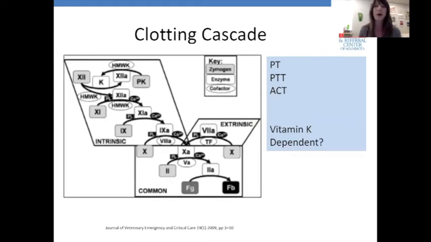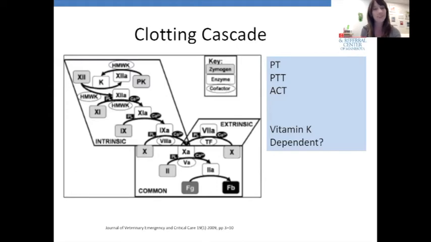When we all learned about clotting, we learned about clotting via the clotting cascade model. And it's what we're familiar with. What's interesting about the clotting cascade model is that while it helps us to really understand clotting on a basic level, there are a lot of holes in this cascade model because there are a lot of redundancies in it.